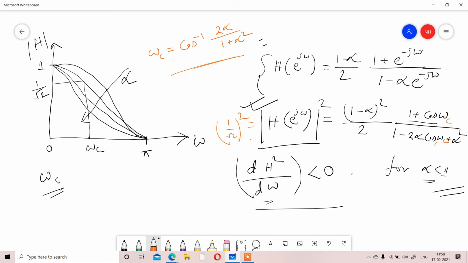Okay, means what? The meaning is that if we know the value of alpha, we can calculate omega c. Okay, if we know the parameter alpha, we can calculate omega c.